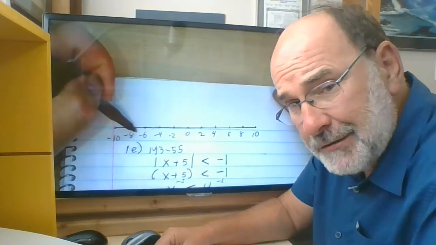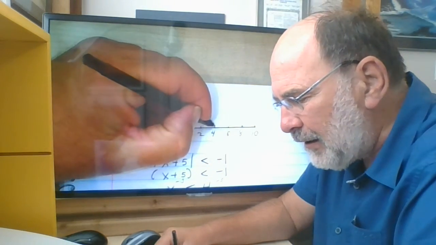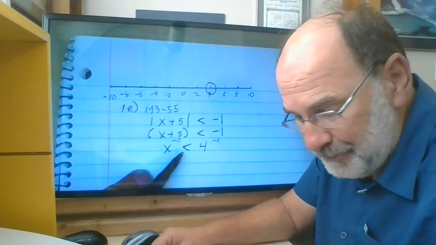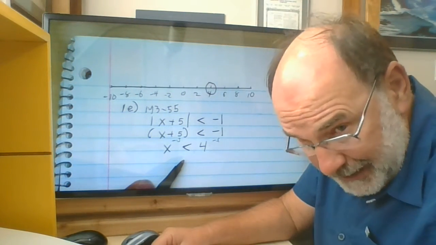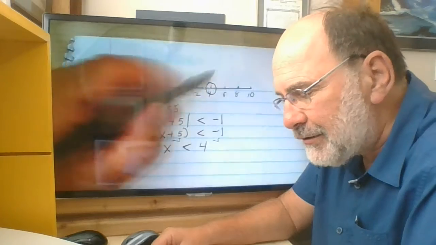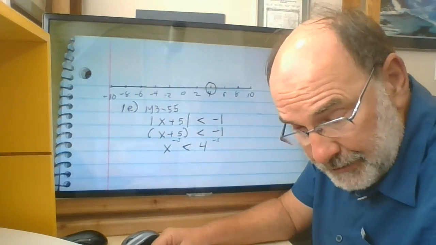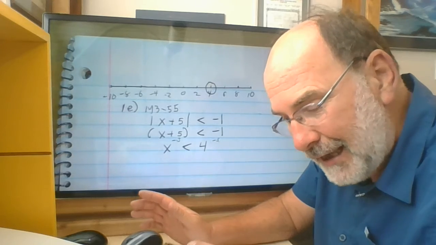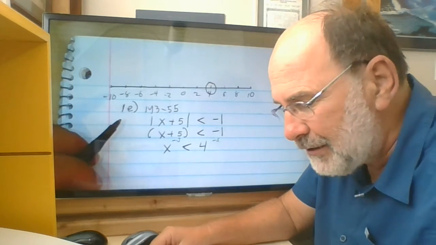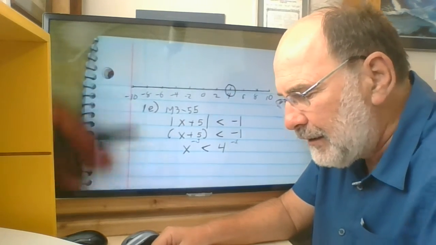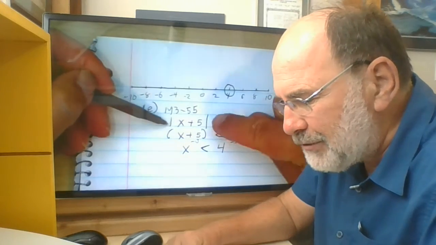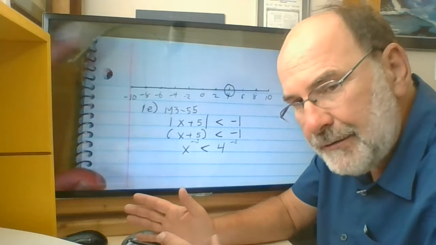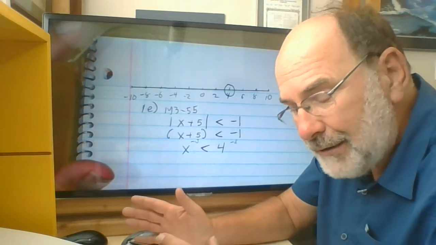On my one-dimensional number line, when I go to 4, I draw with an open circle because it says strictly less than. If it said less than or equal to, I would fill in the circle and make it a dark circle. But this one says strictly less than. Now that's only one end of the solution space. We need to go find the other end. To find the other end, we treat everything inside the absolute value sign as if it were a negative quantity.